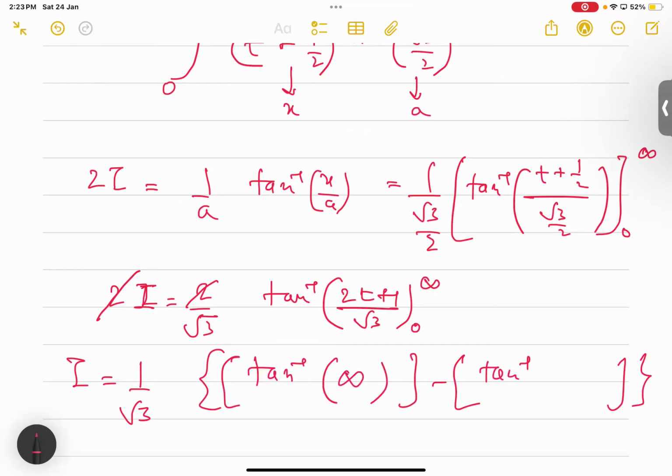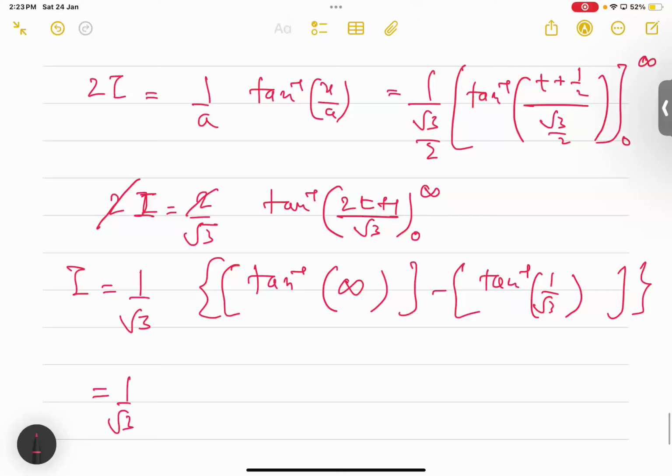And tan inverse of 2 into 0 plus 1, that is tan inverse 1 by root 3. What is tan inverse 1 by root 3? Pi by 6.